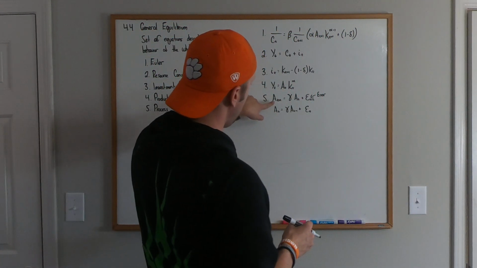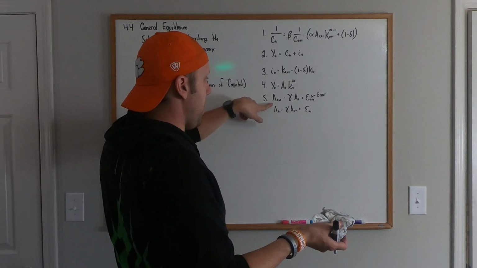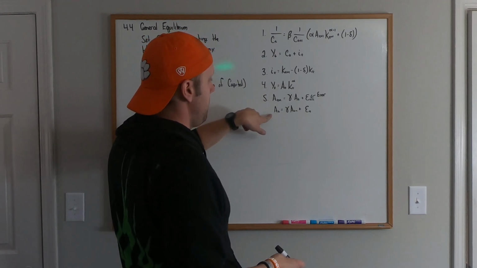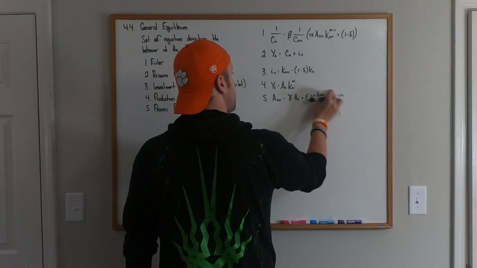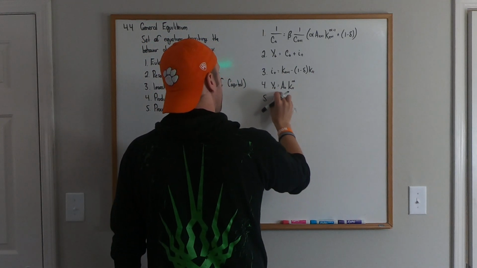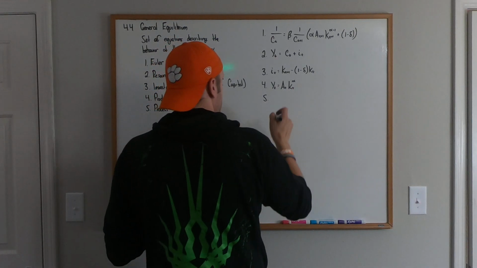Now I can use this one or I can use this one. It doesn't particularly matter. I'm going to use this one, AT and AT minus 1. But if I were to update it one period, I just update it one period.